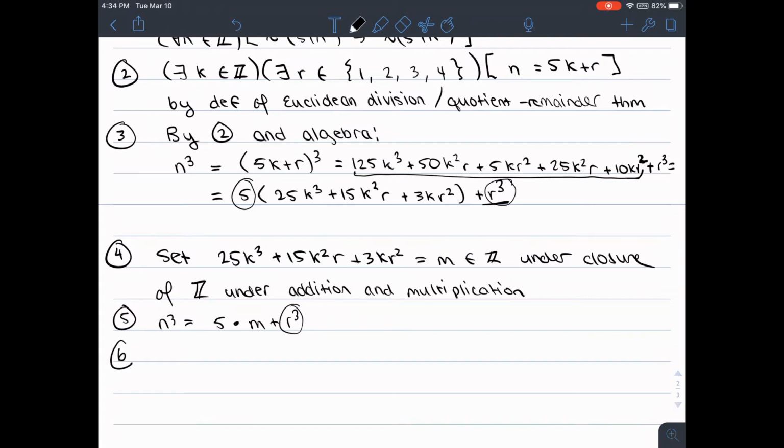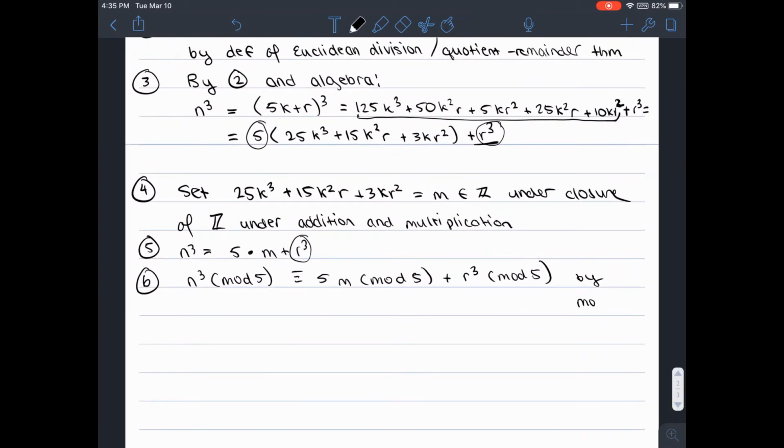So n cubed mod 5 is congruent to 5m mod 5 plus r cubed mod 5 by mod rules.